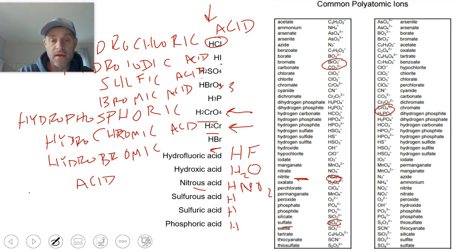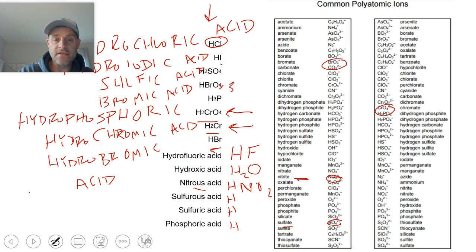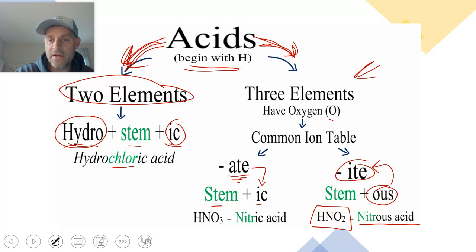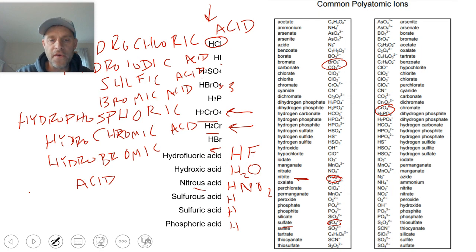Okay? 3 more. Sulfurous. It doesn't start with hydro, so I know I have to come to the right. It ends in ous, so I know it must be an ite. What's my stem? The stem is sulfur.